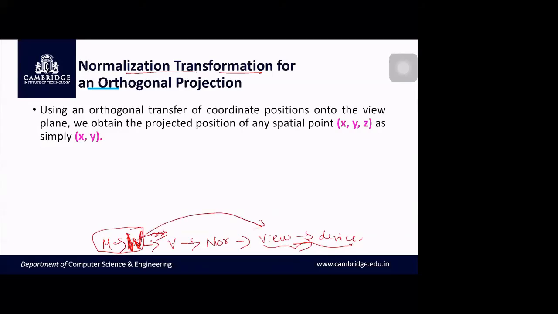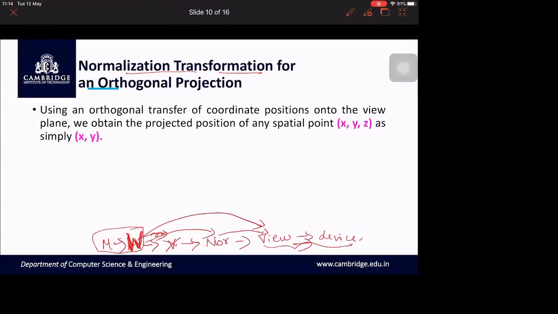First, we directly converted window to viewport, since our viewing was not there before. Next, we converted window to normalized and normalized to the viewport. There were two stages we did. Hope you remember that.